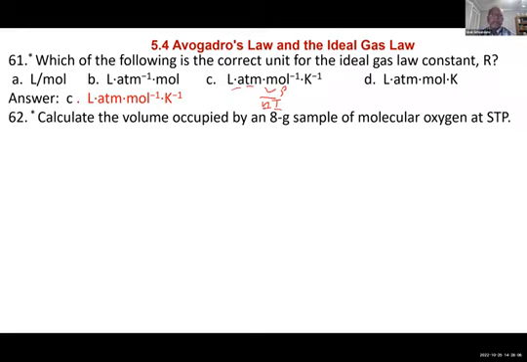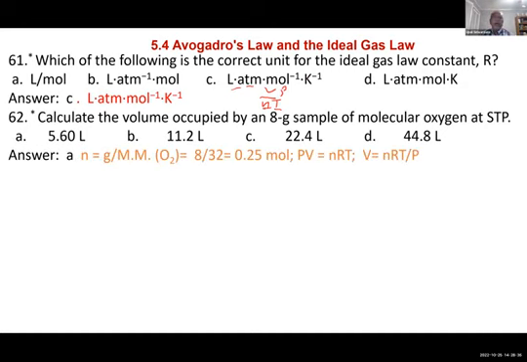Calculate the volume occupied by an 8 gram sample of molecular oxygen at STP. Now you have to find the number of moles of oxygen. How do you get the number of moles? Number of moles is grams divided by molar mass. Grams is given here, 8 grams, divided by 32, the molar mass, 16 times 2.